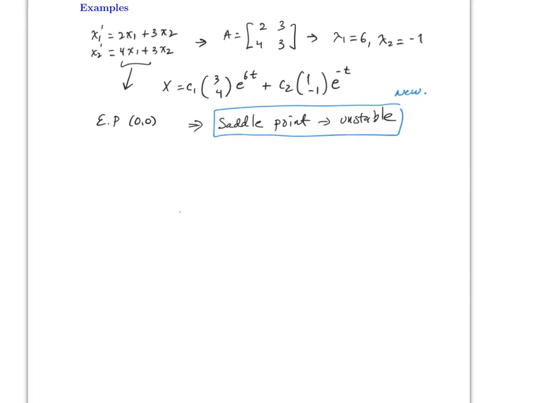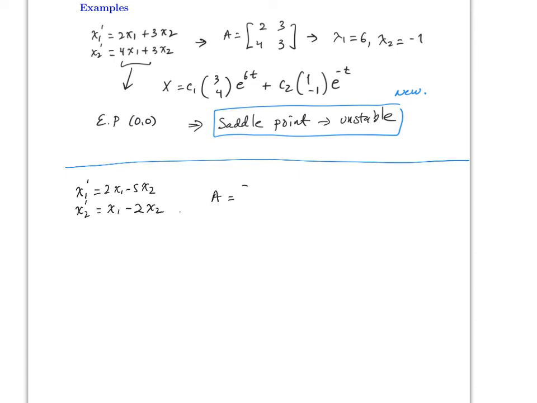We also did an example like this before. This was the last example we did in that section. Let's say that x1 prime equals 2x1 minus 5x2, and x2 prime equals x1 minus 2x2. Here the value for A was 2, -5, 1, -2. Once you find the eigenvalues, you have lambda squared plus 1 equals 0, which implies that lambda equals plus or minus i.